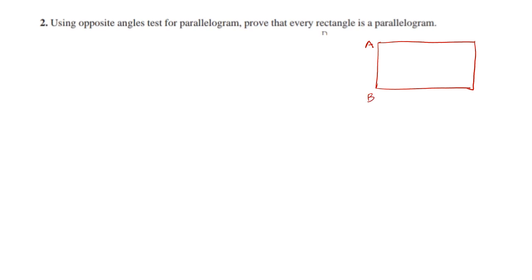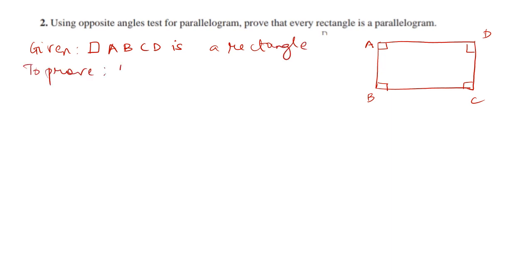So when ABCD is a rectangle, obviously all the angles would be equal and they will be 90 degrees. So given ABCD is a rectangle, we need to prove that ABCD is a parallelogram.